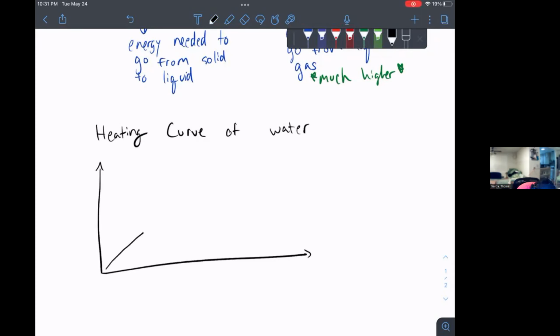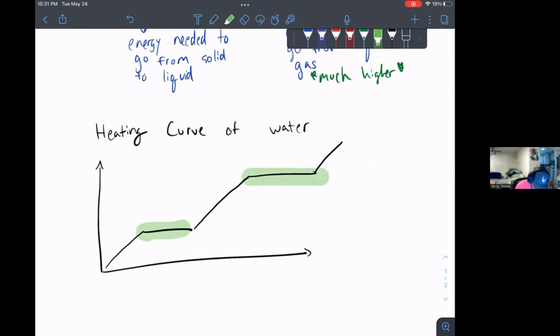We're mostly going to be dealing with straight lines. And as we look at this heating curve of water, we have a couple distinct sections, namely 5. We have these 2 horizontal sections, and we have these 1, 2, 3 vertical or diagonal sections.